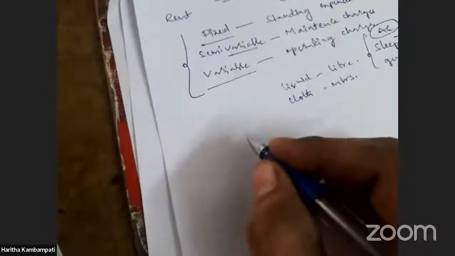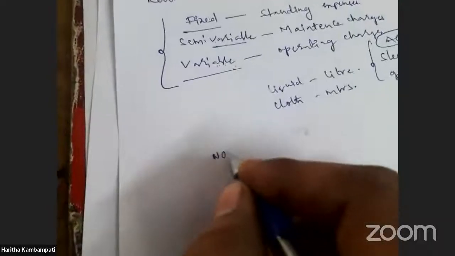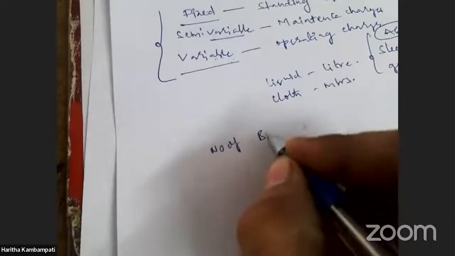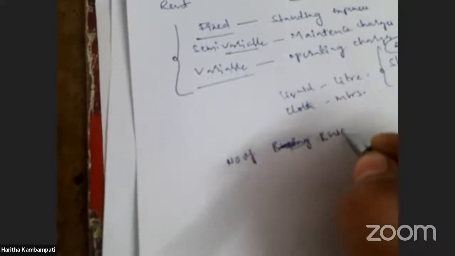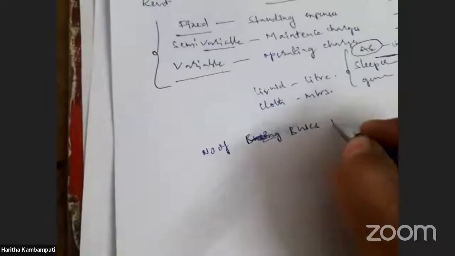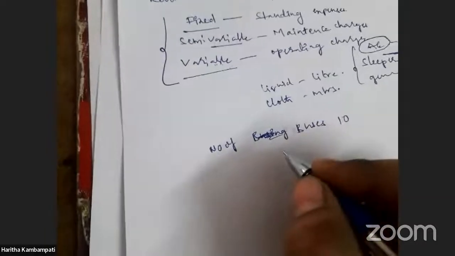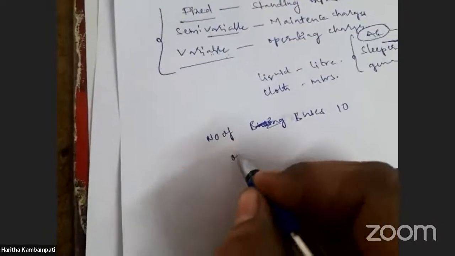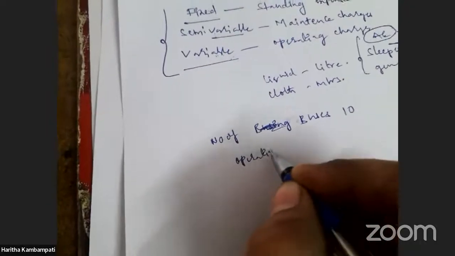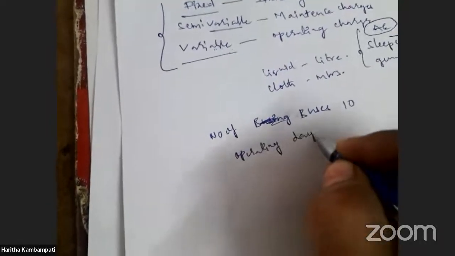They are saying they are having buses, ten buses they are running. In a month, they are operating only 25 days.